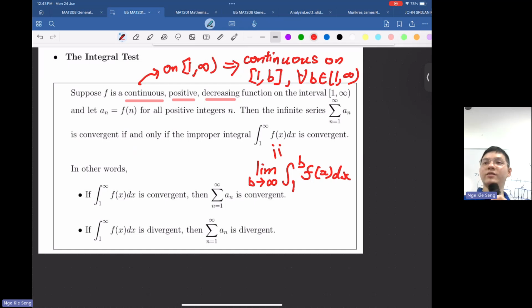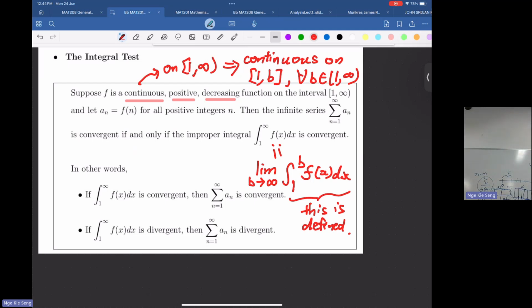Continuous means the function is integrable, so such that this is defined. So the definite integral is defined because it is integrable there. And then for every b I get a number, and I consider the limit, where this number goes. So the content is that the infinite series An converges if and only if the improper integral converges.